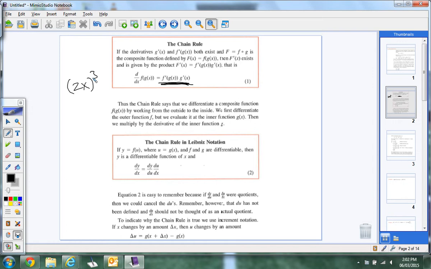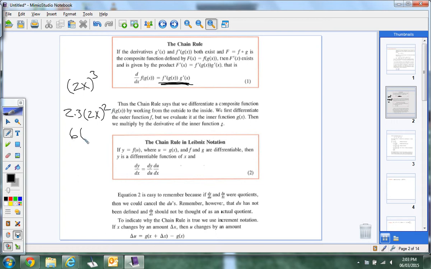Right here, this 2x is my g prime. That's the inside. So what's the derivative of 2x? 2, right? Now pretend that this was just an x. What's the derivative of the whole thing? I would drop the 3, and it would now be a 2, and you'd have the 3 here.